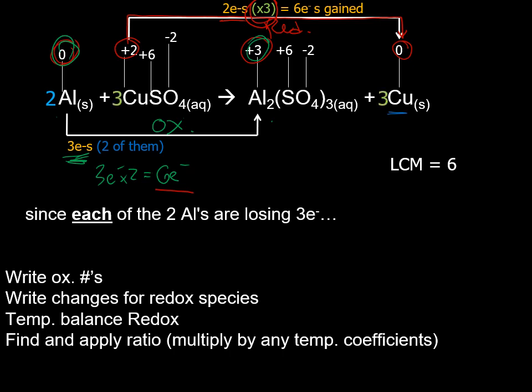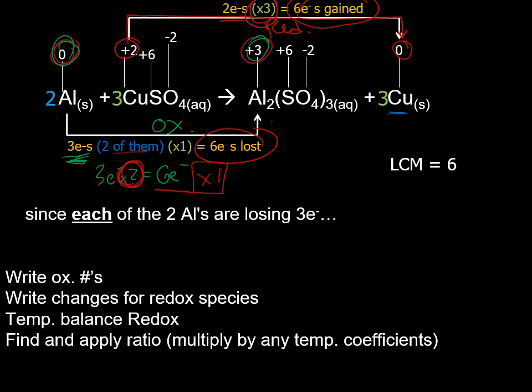For our oxidation, again, we have 2 of them. We're going to multiply this by 1. Remember, we've already talked about there being 2 aluminums, so that's accounted for. We're now going to multiply the 6 electrons by 1 in order to get the electrons gained and the electrons lost to be equal to each other.